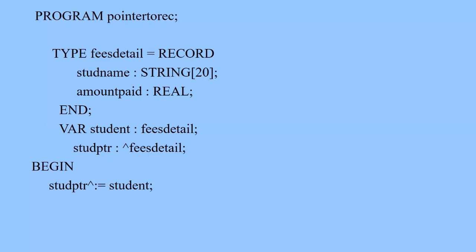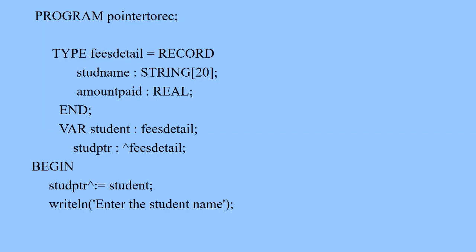Then you prompt the user. So in other words, at this point, we have now made our pointer called student pointer point to the record called fees detail, student.